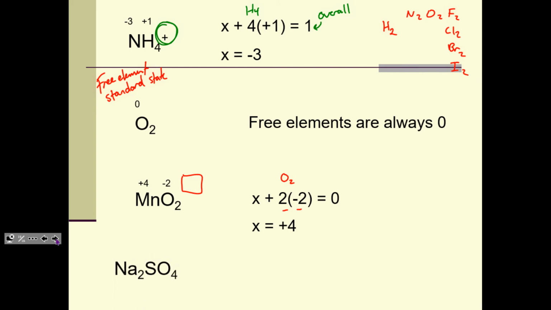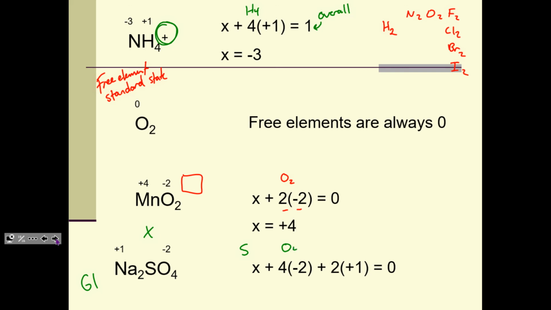And Na2SO4. So on this one, group 1 for sodium, and then oxygen's 2 minus. We do not know sulfur. That's what we're solving for. We will have to set up an equation. So here is sulfur, S1.